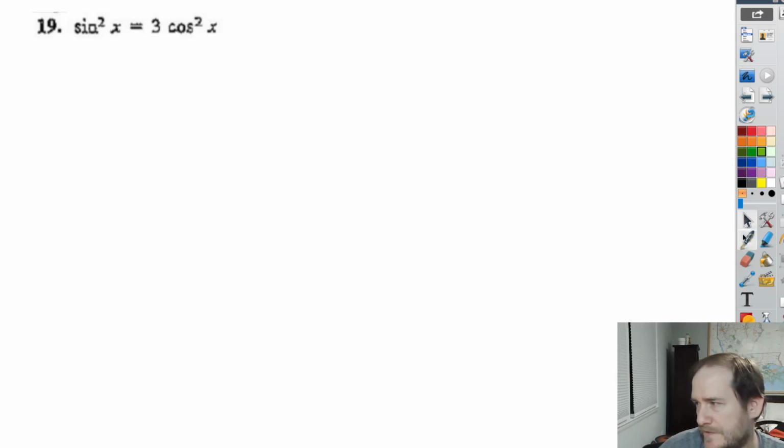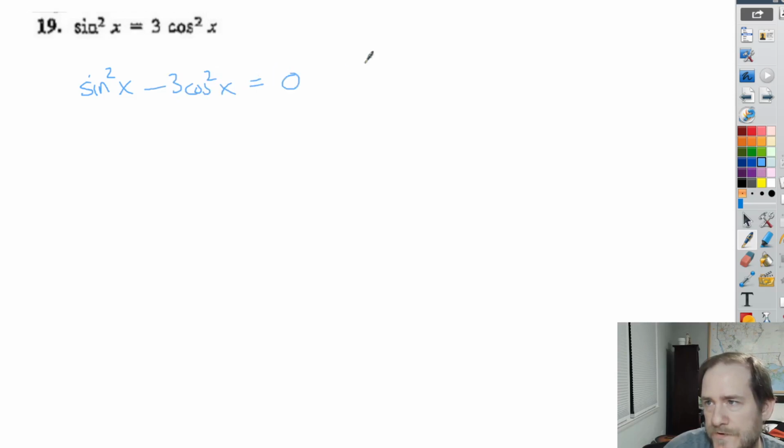We're definitely going to do that thing I just said, which is subtract this from both sides. So we now have sine squared x minus 3 cosine squared x equals 0, which means I can now factor out. I still like tangents more than cotangents, so I'm going to factor out the cosine squared.